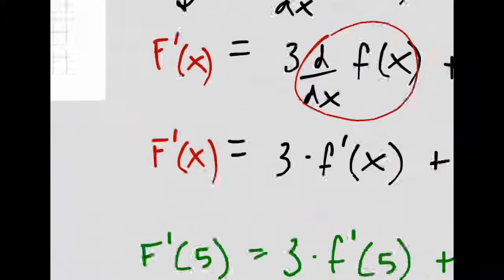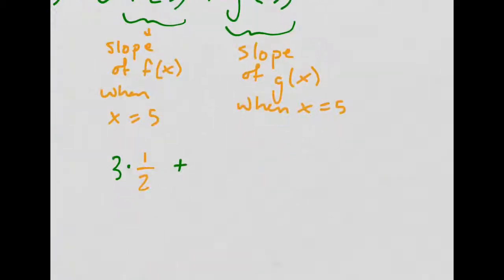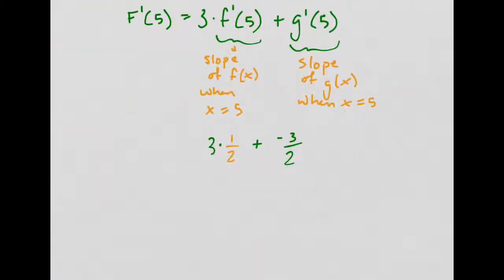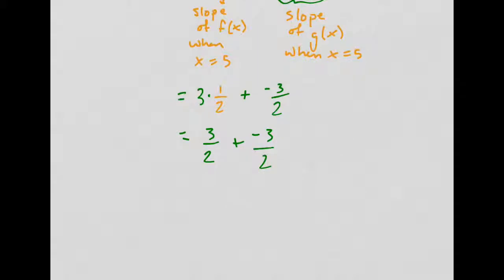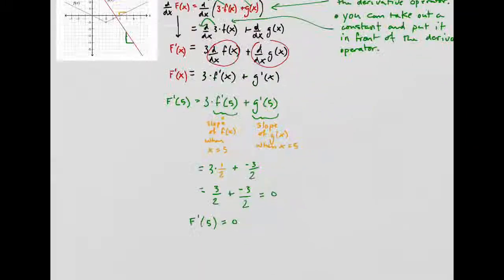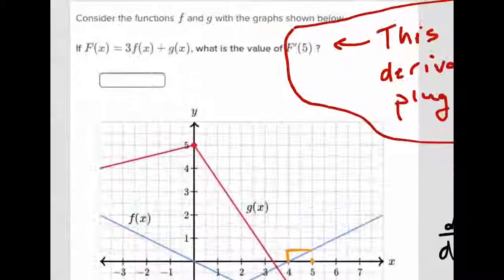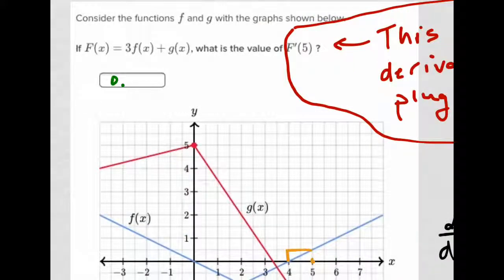Looks like negative 3 halves. Okay, plus negative 3 over 2. And so what do we get? We get 3 over 2 plus negative 3 over 2. That's equal to 0. So capital F prime of 5 equals 0. And that's how you calculate all that. Woo! That was a lot. So this is actually 0.